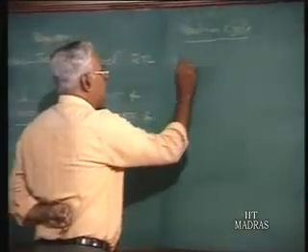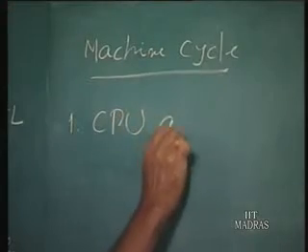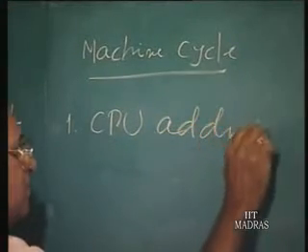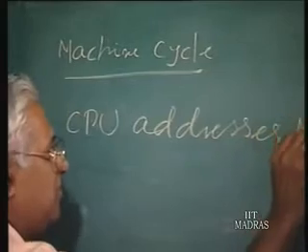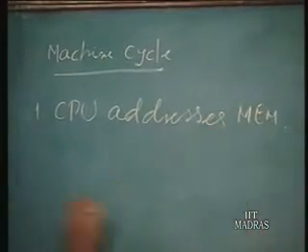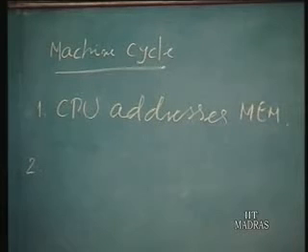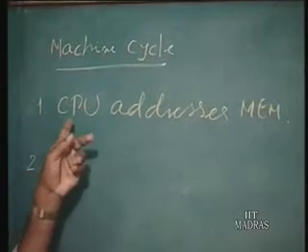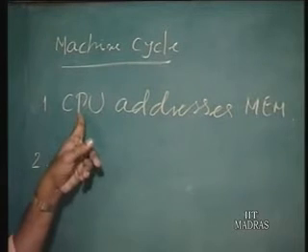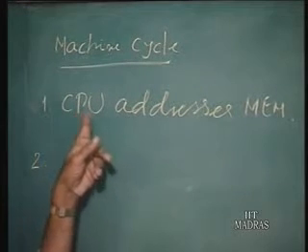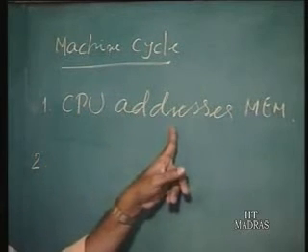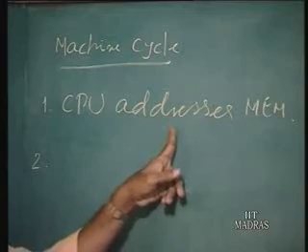First, the CPU addresses memory, we said, right? And we'll assume an instruction fetch, in which case the CPU is placing the address of the instruction on the bus. That is what it means.